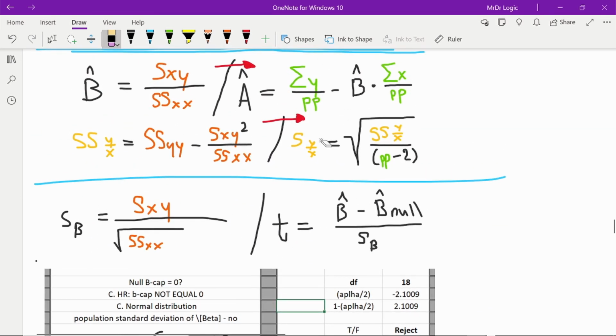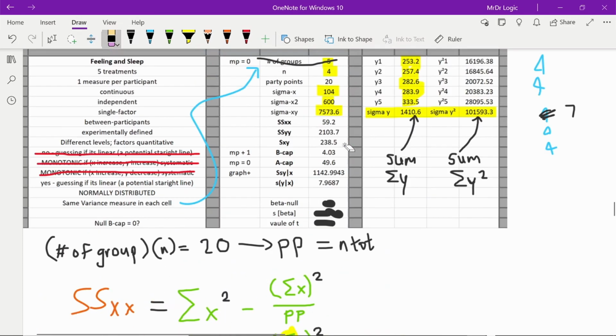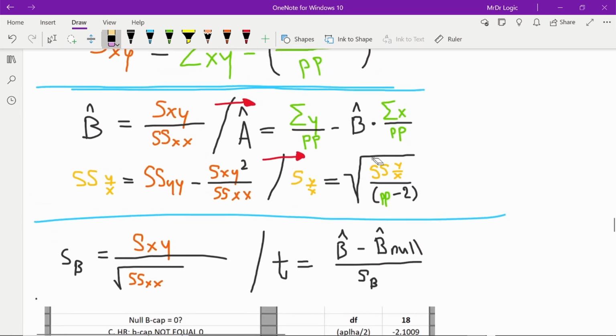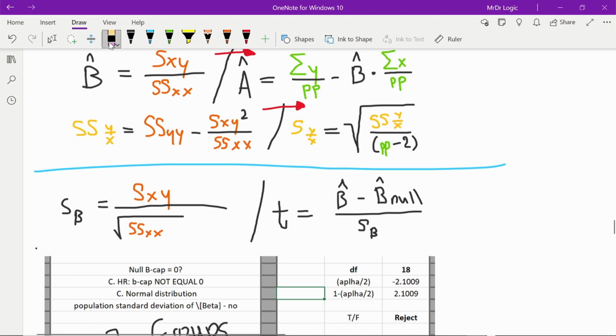Perfect. So what we did here was we just carried that number over, divided it by the PP minus 2, which is 18, square root it, again, PP, 20, and then square root it all. And then for this last one, okay, that is wrong. That is full on wrong. Copy, paste. There we go. That's our right answer.